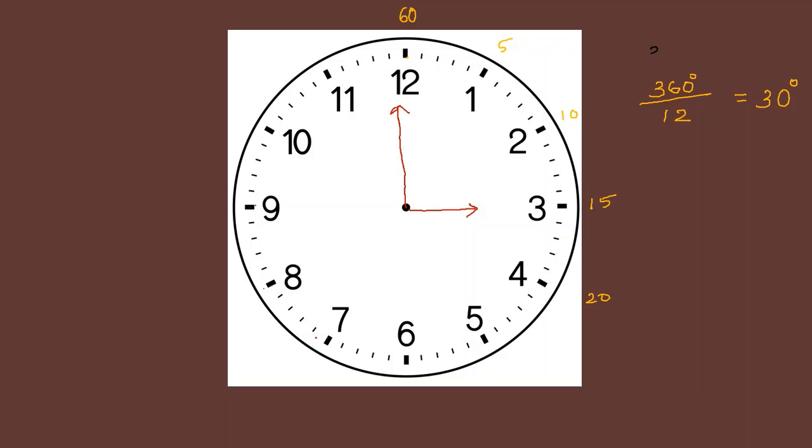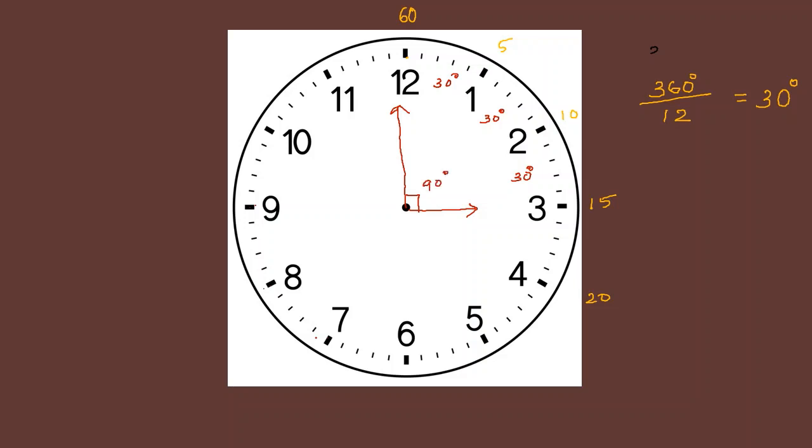This angle is a right angle. You know this is 90 degree. Now how many are there? 12 and 1, I told you, is 30 degree. 1 and 2 is 30 degree. 2 and 3 is 30 degree. Can you add up? 30 plus 30 plus 30 is 90 degree. Understood? So it is 90 degree total.